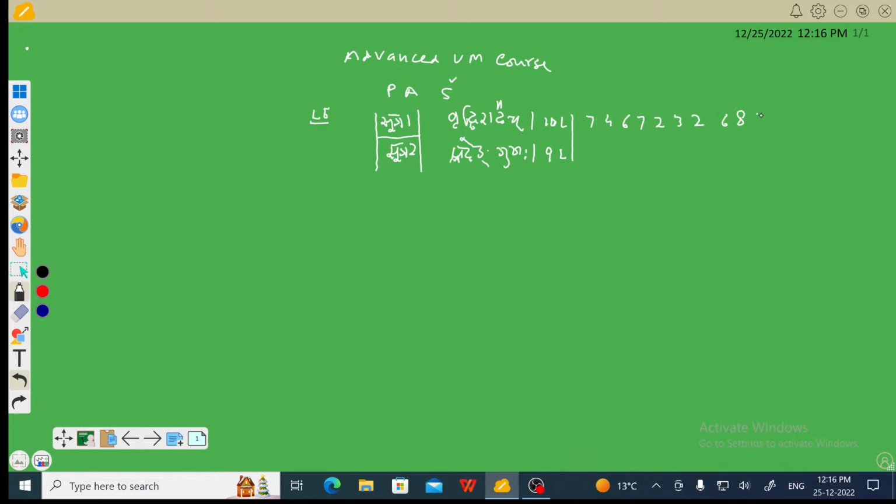And for Adaj Guna, it will be 1, 6, 6, 5, 3, 3, 7, 1, and 13. The summation value for the first sutra is 47, while for the second sutra is 45.